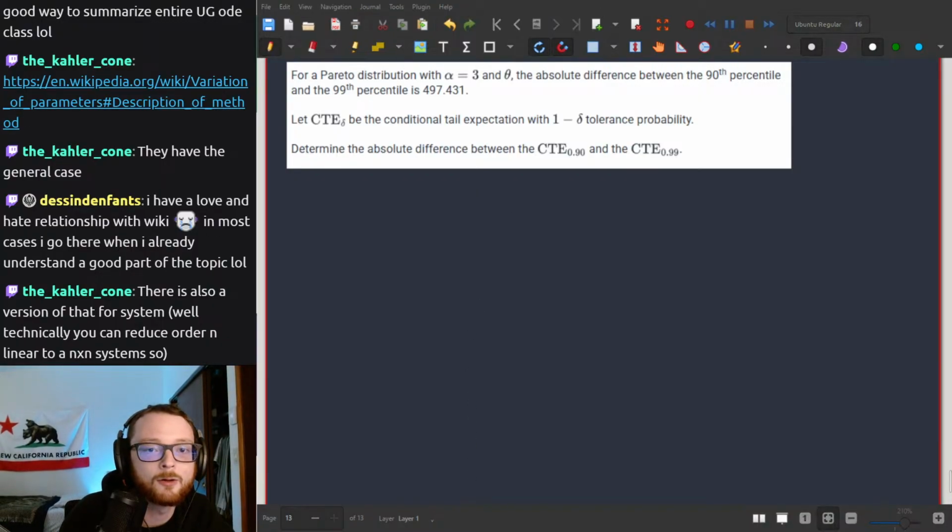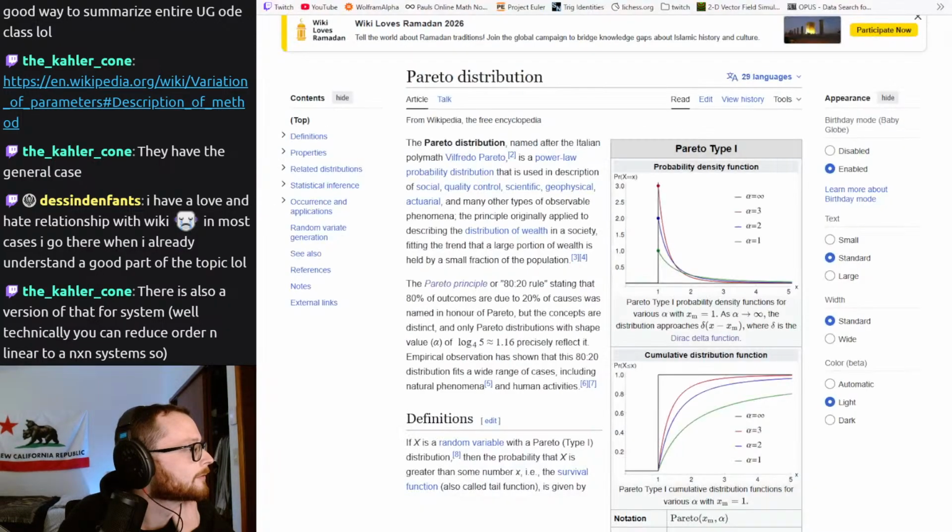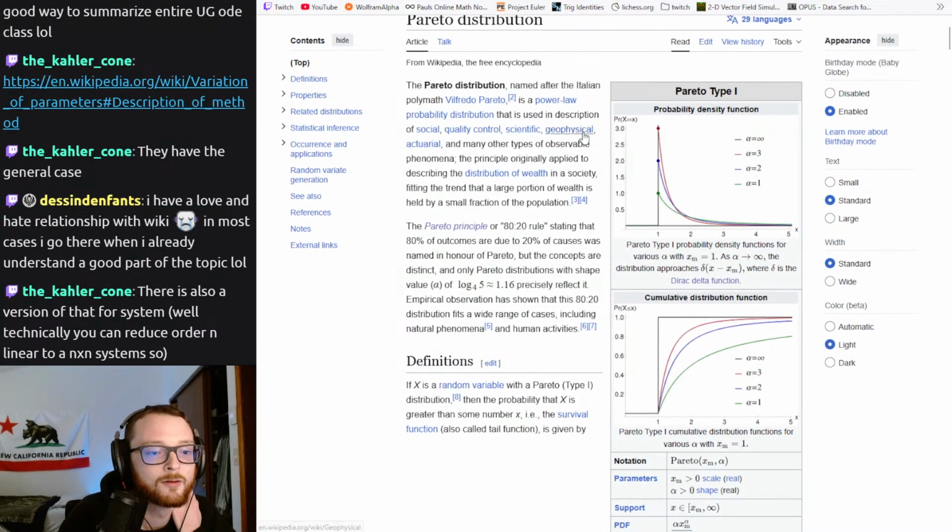I might be able to figure it out. So we have Pareto distribution, alpha equals 3. Theta is a very specific number, 497 point something.